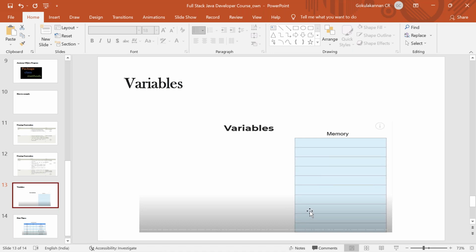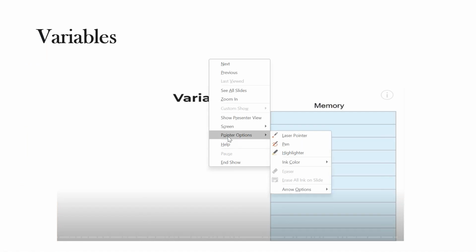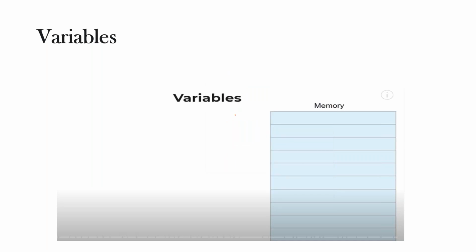Every row has one address against it, like 1000, 1001, 1002. I'm giving some random numbers, this is not the exact memory address. The second row is my 1001, and the third row is my 1002.